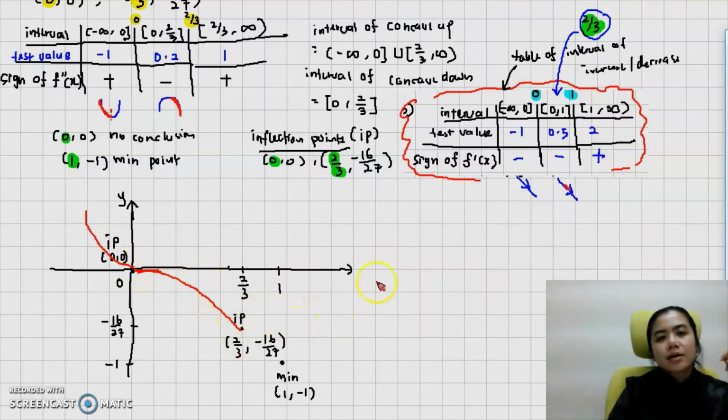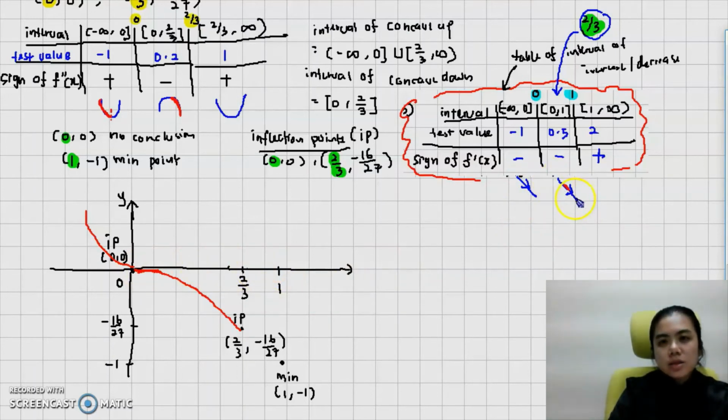Then followed by the last one. We're still under this range, but you have to continue here because 2 over 3 until 1 is in here. According to here, you have a plus, so firstly you have concave up. This is a curve of concave up, but you have to consider here because it's still under the range of 0 to 1.